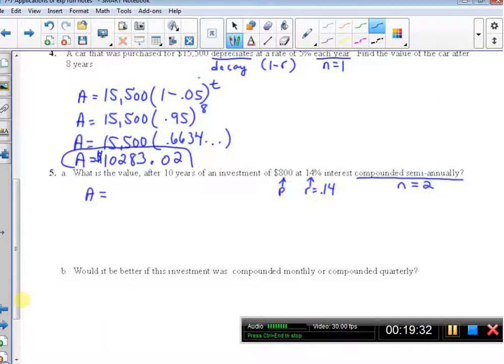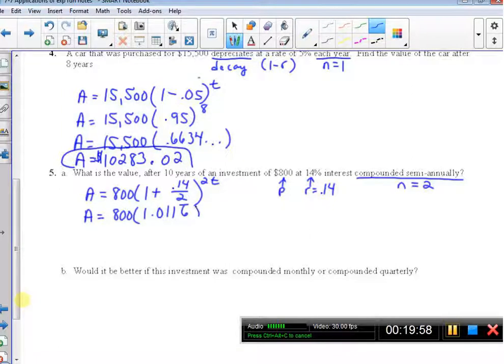So A is going to be equal to 800 times 1 plus, because it's an investment, 0.14 divided by 2 to the 2t, or 2x if you want.